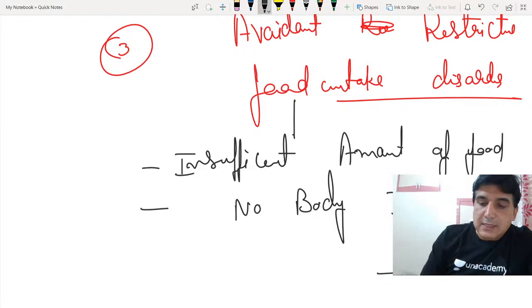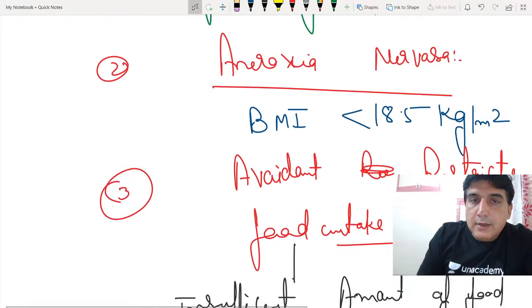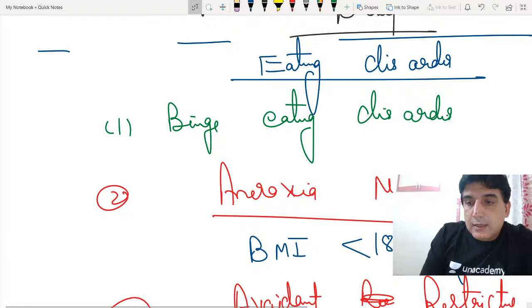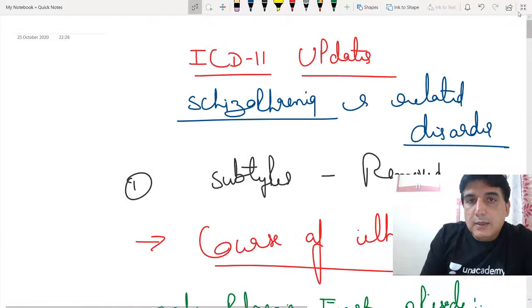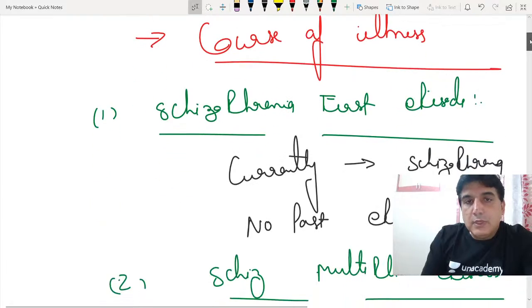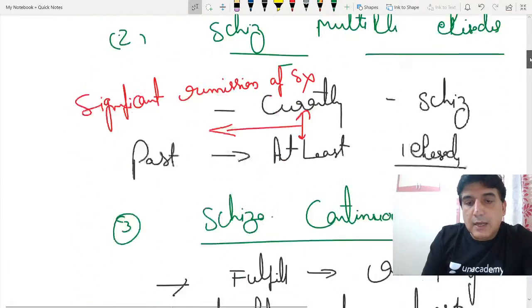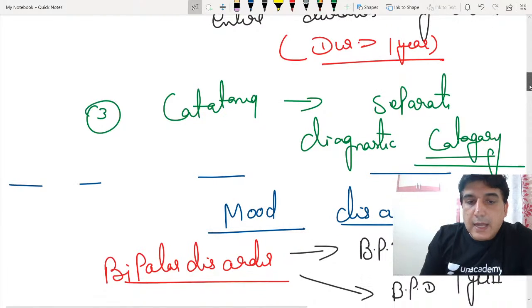Okay, so these are the updates in ICD-11. If we go through them from the initial one, in schizophrenia the subtypes are removed, course of illness first, multiple and continuous, catatonia a separate diagnostic entity; in mood disorder, bipolar type 1 and type 2.